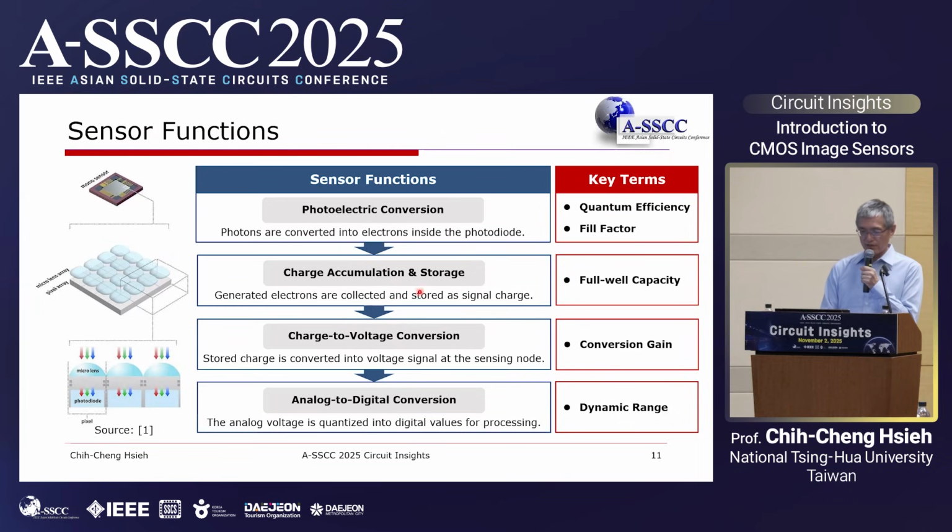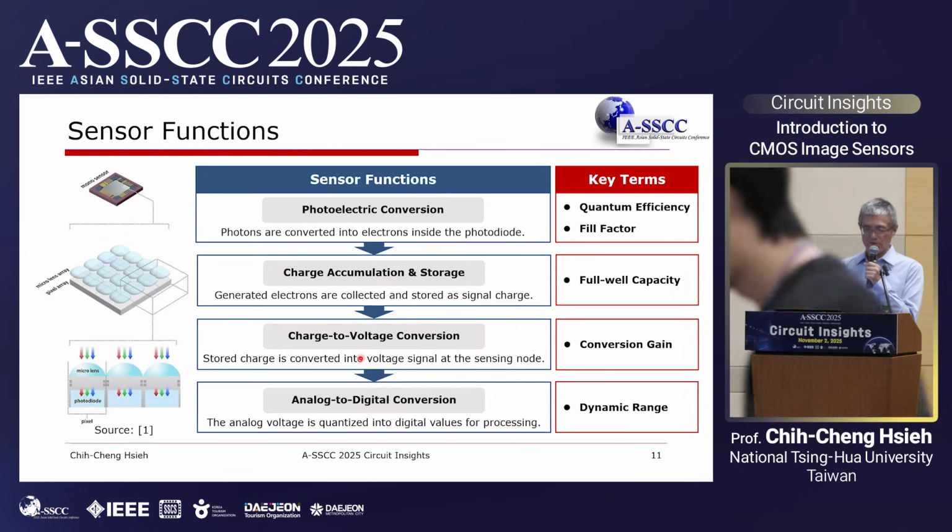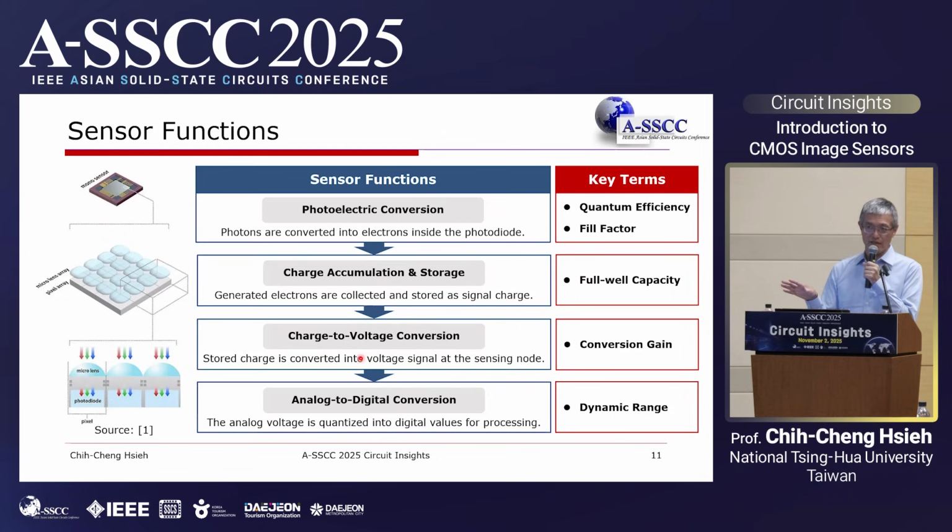In this stage, we will use the full well capacity parameter to describe the required performance. After that, we will do the charge to voltage, or charge to any electrical domain, conversion. In this stage, usually we will use the conversion gain to describe the efficiency. And finally, we will describe the dynamic range of the whole system. And for sure, the A to D conversion is also included.